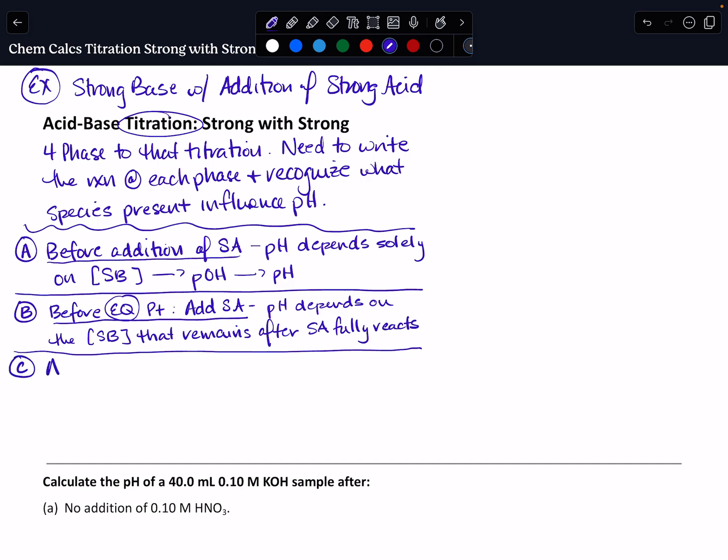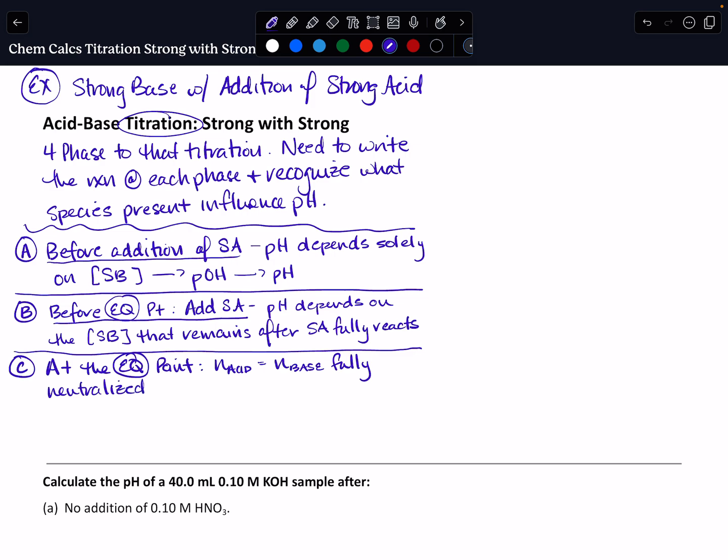The third phase is at the equivalence point. At this point, the moles of the acid equal the moles of the base. So this is fully neutralized.